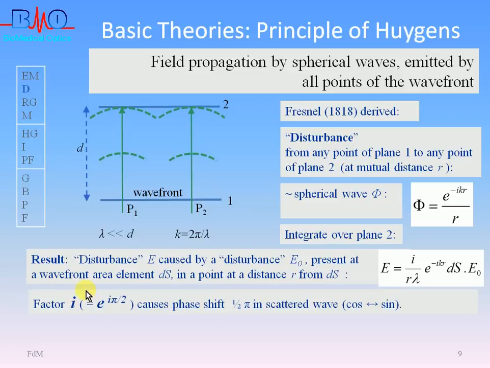Please note that the factor i can be written as the exponent of i pi over 2, and that means that it causes a phase shift of half pi in the scattered wave, so cosine and sine interchange. This is the basic formula for all light scattering theories.